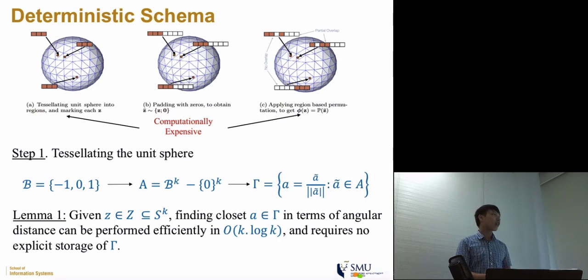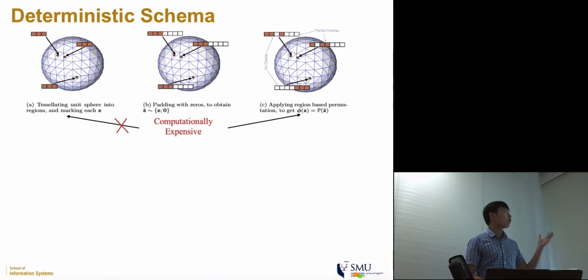It doesn't depend on the number of tessellating vectors. So the only thing that matters is the dimension of the original data point. Okay. So we can consider this an efficient scheme. So with that, basically we can solve the first problem.